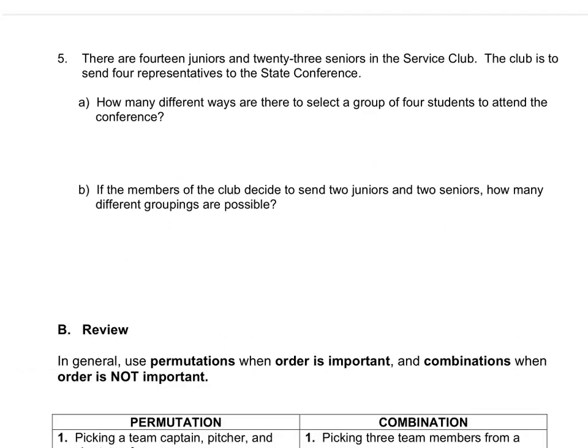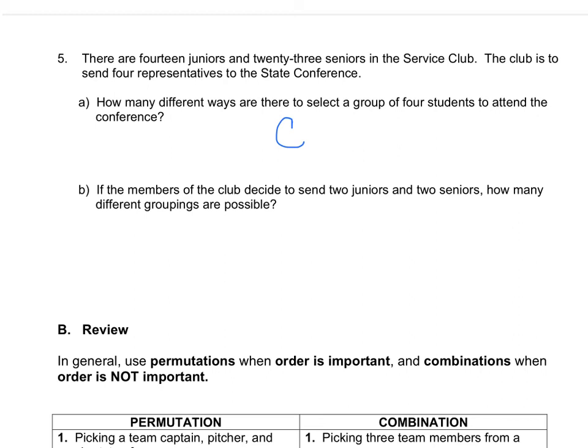Example number 5 says, there are 14 juniors and 23 seniors in the service club. The club is to send 4 representatives to the state conference. Okay, how many different ways are there to select a group of 4 students to attend the conference? Well, group is a combination because order is not important. Well, how many kids am I allowed to select from? So here's my combination.